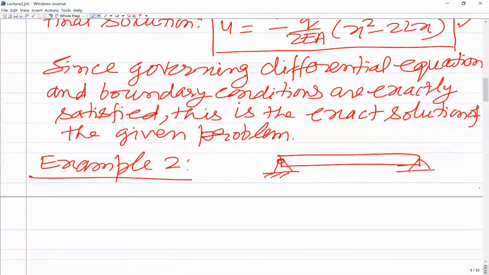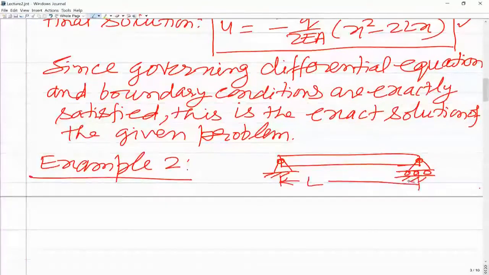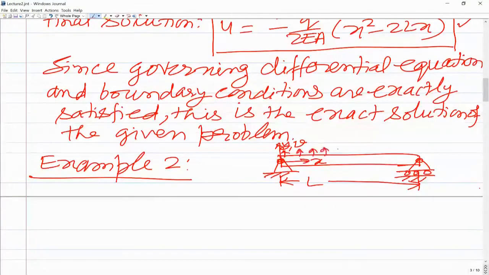One side it is on a hinge support, the other side on a roller support. This is the beam, and the cross sectional dimensions are much smaller compared to the length. That is what you call a beam. This is your x-axis and this is the y-axis. Along the y direction we measure the transverse displacement. So the unknown variable in this case I'm going to take as the transverse displacement.